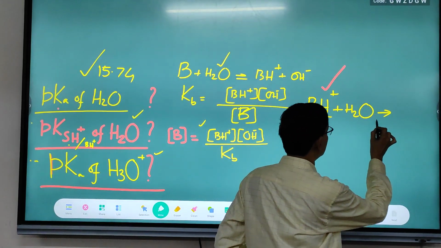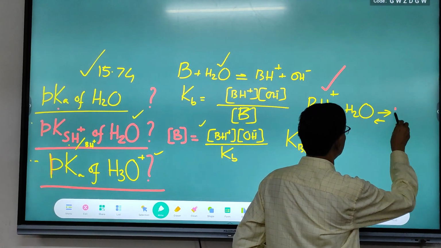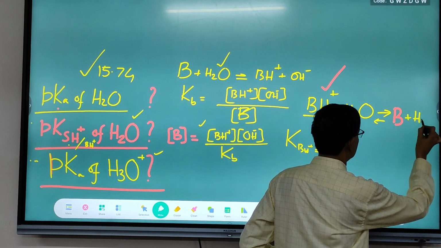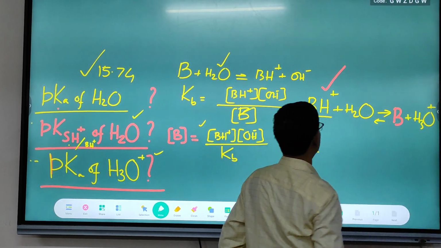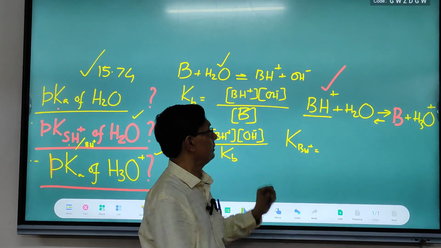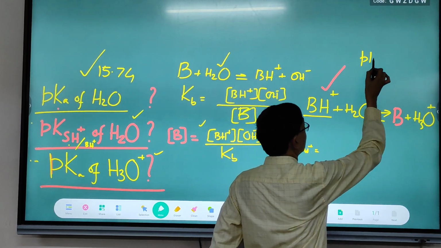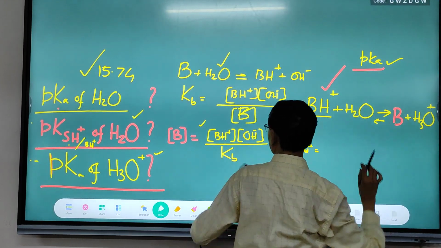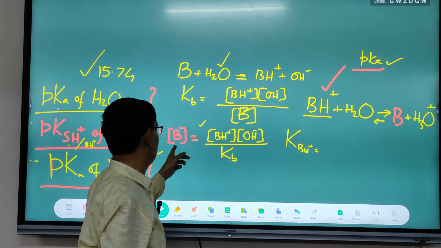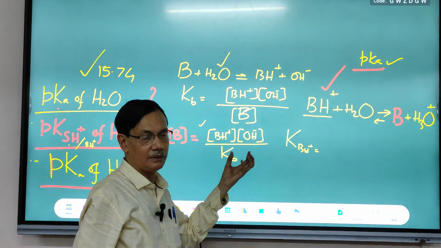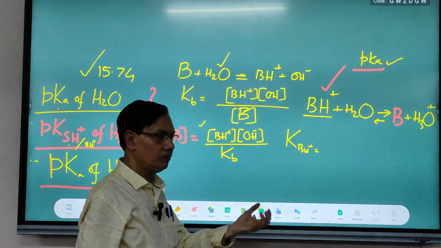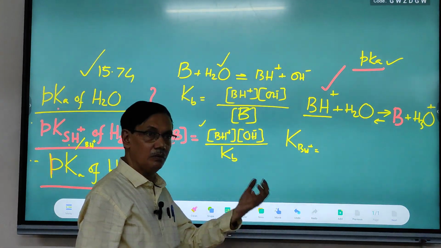So it will give definitely B plus H3O+. Because now you can understand that when I take the pKb, I take the simple part, B. But when I take the conjugate part, I have to take its protonated part, whether it is 8-hydroxyquinoline protonated part, p-nitrophenol protonated part, hydroxamic acid protonated part.